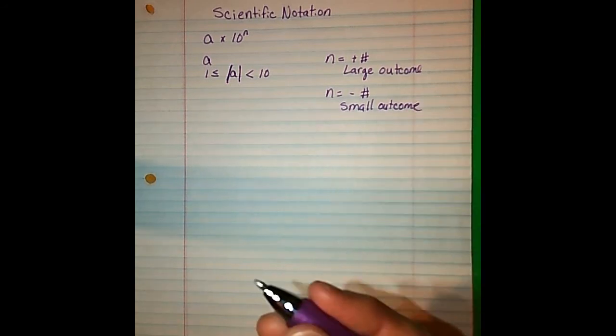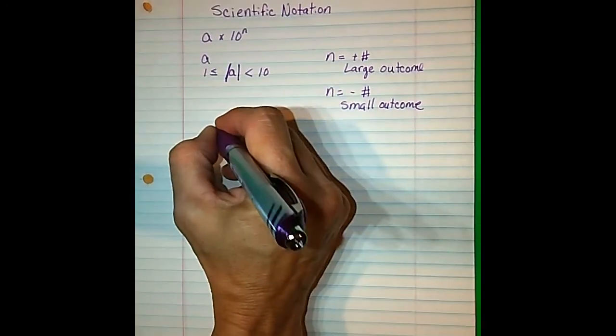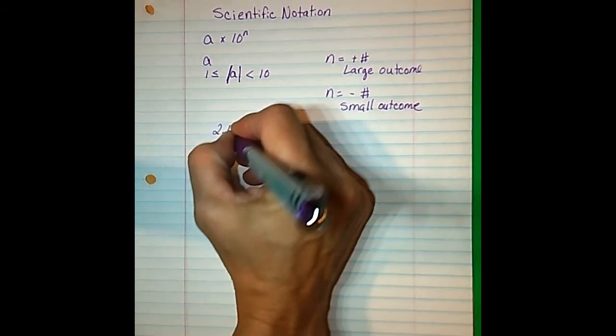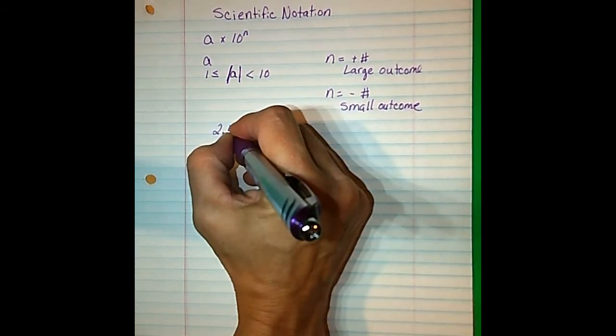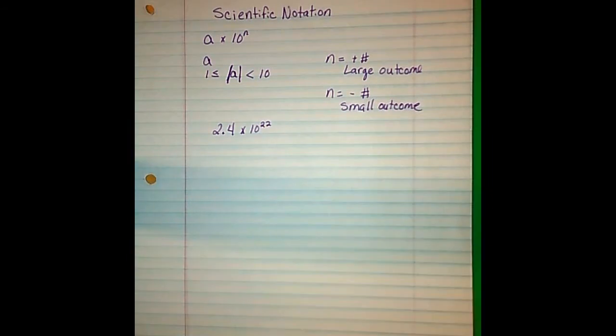So, for example, say that I have 2.4 times 10 to the 22nd. Well, that's going to be a really big number.